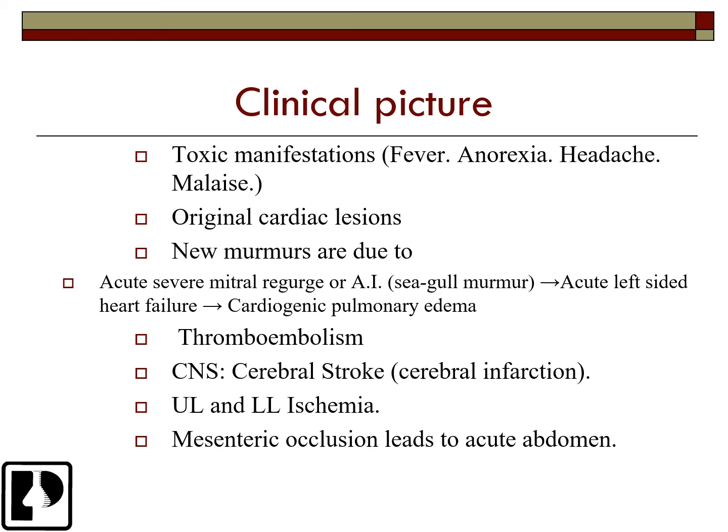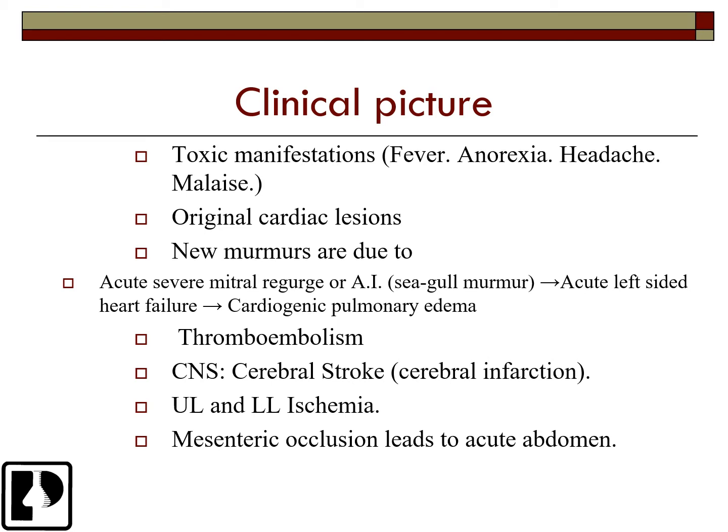Thromboembolism means that this vegetation can be detached from the valve and go to any site, in the brain and so on, causing what's called thromboembolism. CNS or cerebral stroke, cerebral infarction can occur due to vegetation or thromboembolism. Upper and lower limb ischemia occurs due to thrombosis in the upper and lower limb arteries.